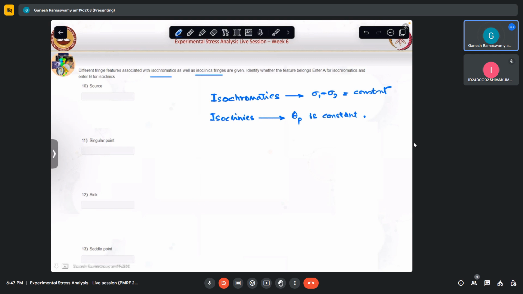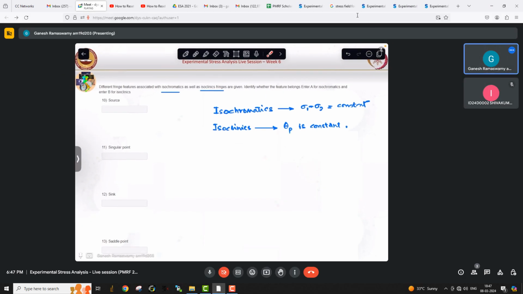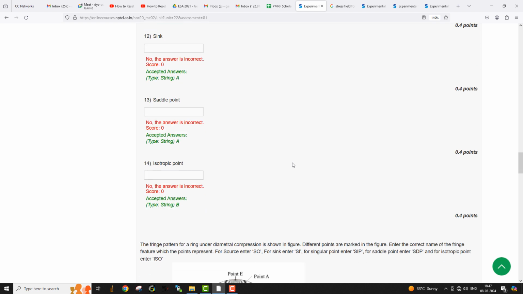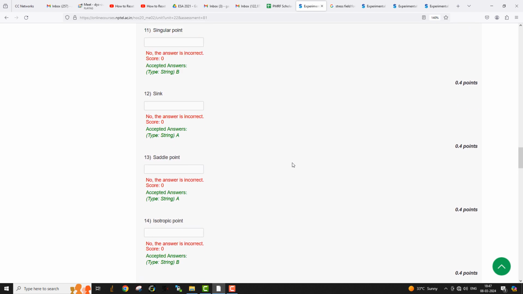So basically we have some features, and what has been asked is that different fringe features associated with isochromatics and isoclinics are given. They are named.